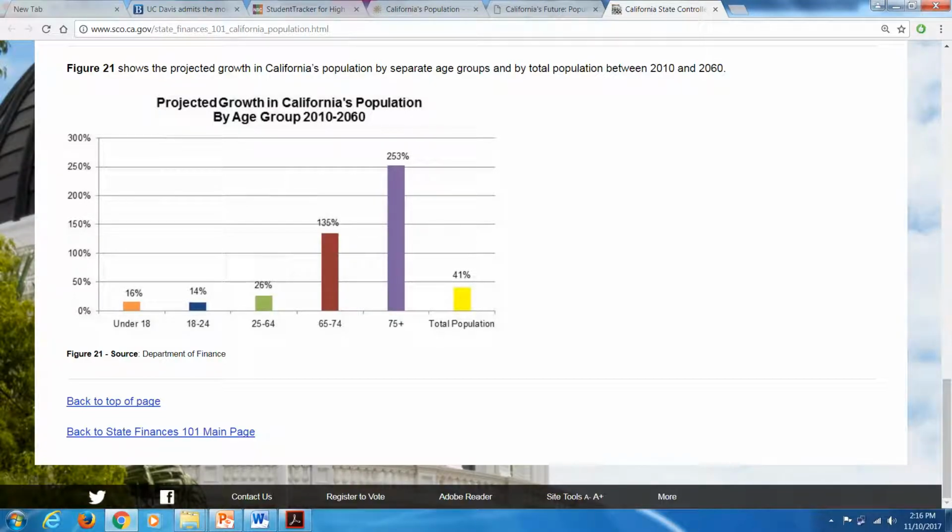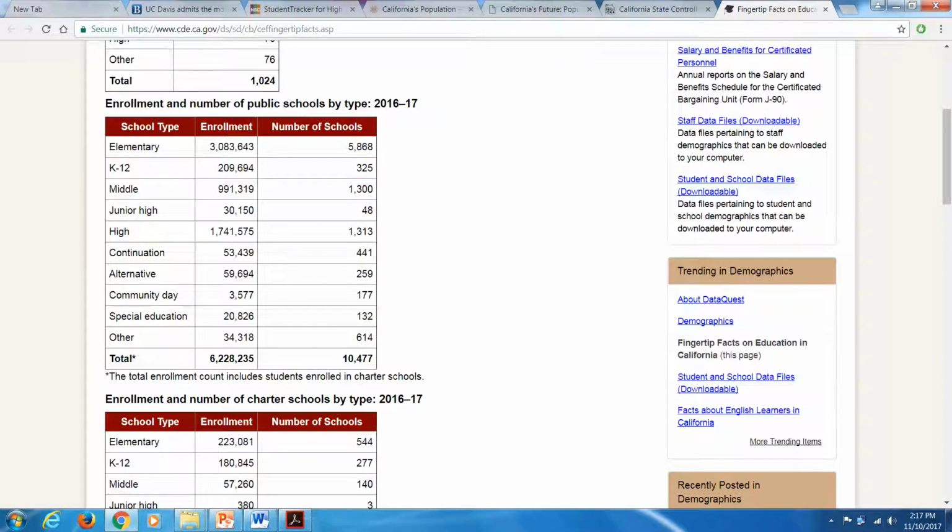The under-18 population from 2010 to 2060, these are the projected growth. Of course, the biggest growth is going to be in the senior citizens, 75 and above, but the under-18 category will have 16% growth.